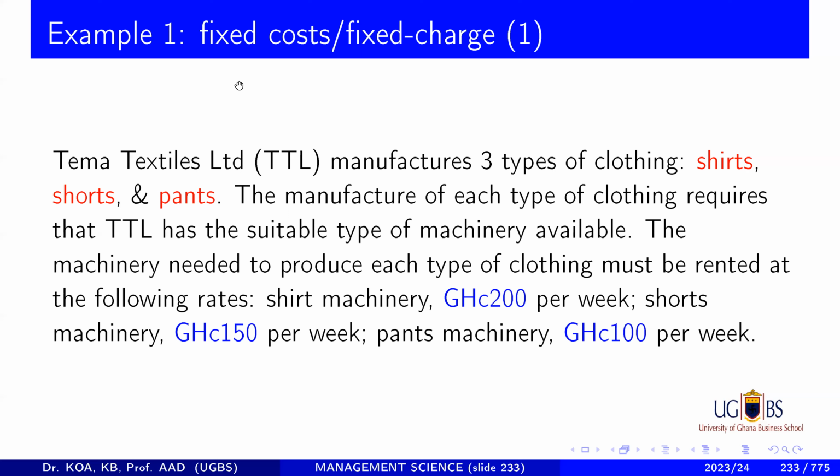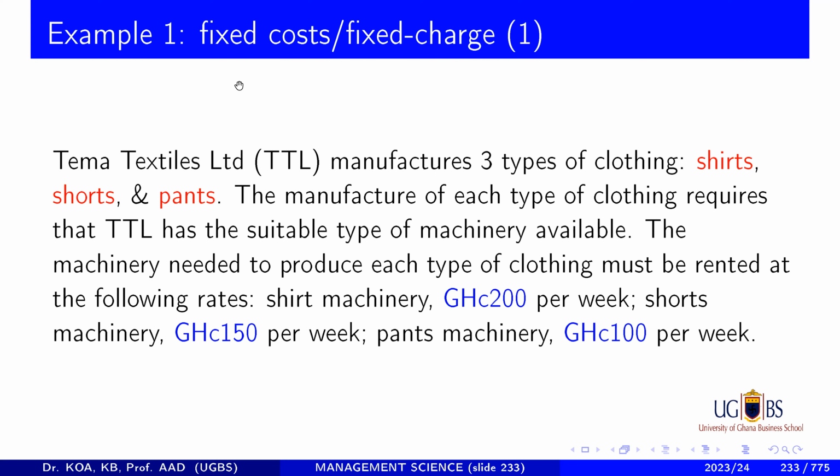Tema Textiles Limited, TTL, manufactures 3 types of clothing: shirts, shorts, and pants. The manufacture of each type of clothing requires that TTL has suitable types of machinery available.